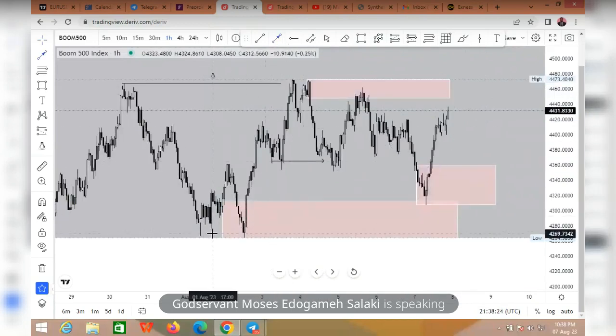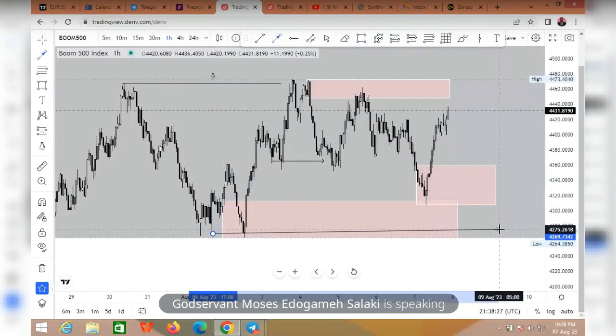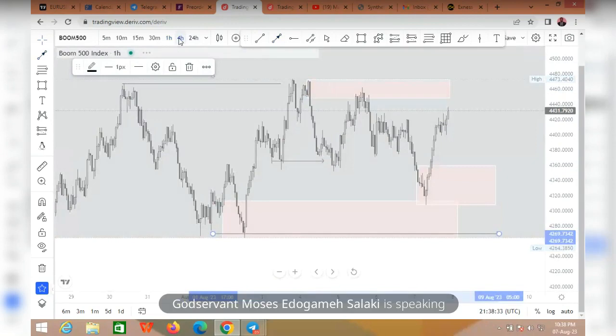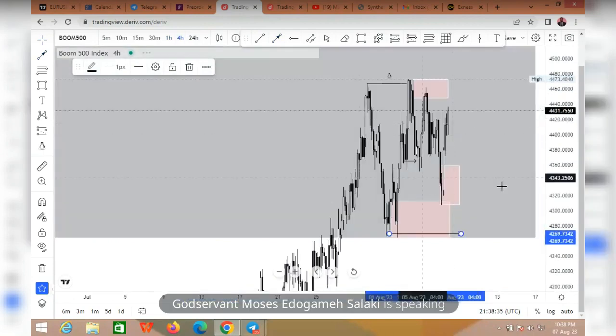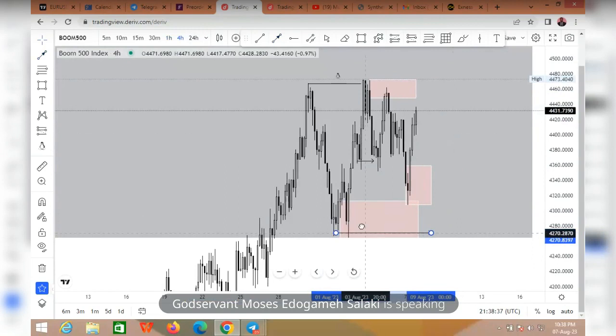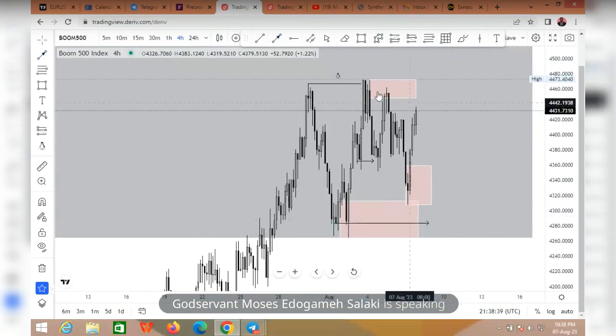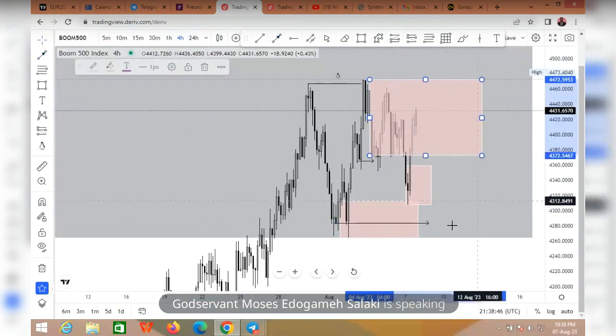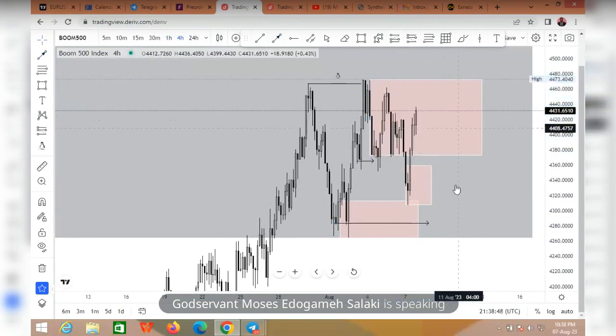Now, if price breaks this structure, then we can start looking at this side for a sell, maybe possibly all of this. We can start looking at price retracing and we can go down. But until that is done, those that are buying here, hold your position and just keep pushing higher.